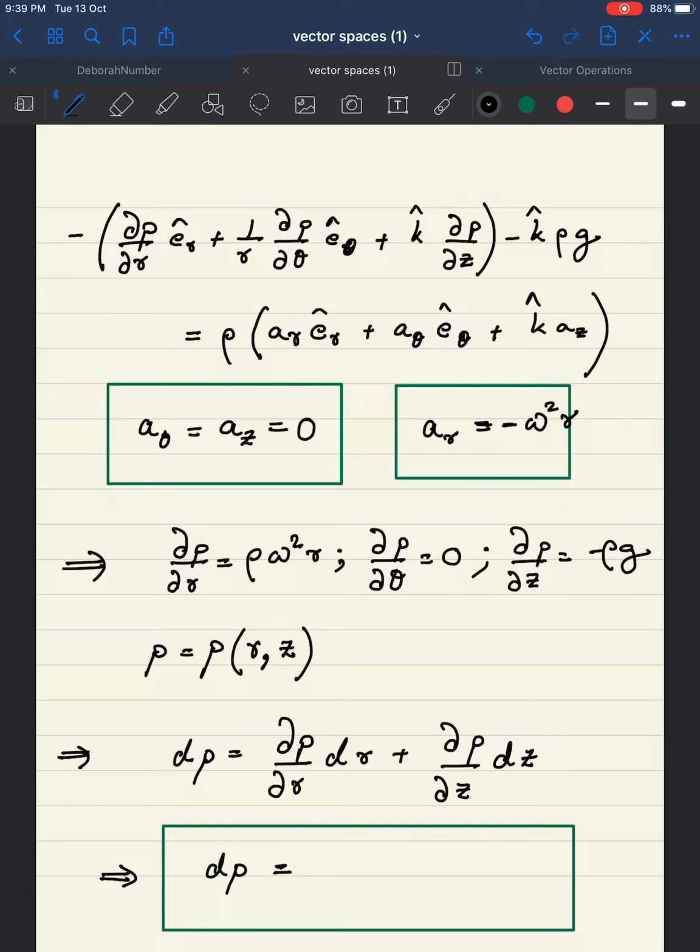So if we copy this, then you will end up with rho omega square r dr minus rho g dz. Well, this is nice because this does seem to be integrable on both sides, right?